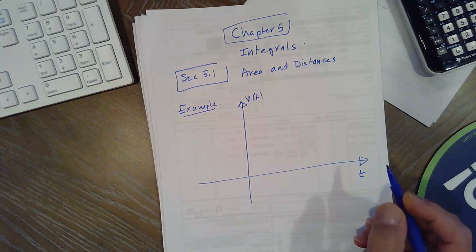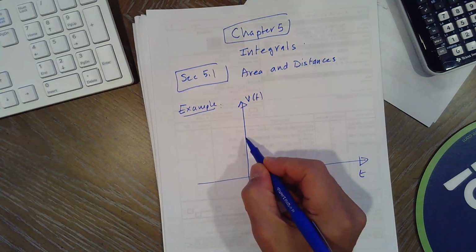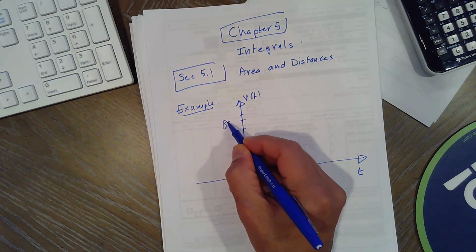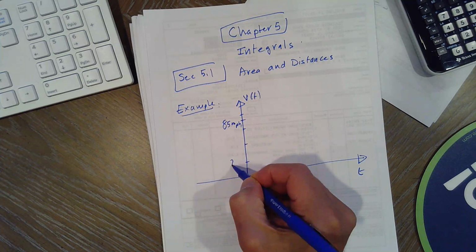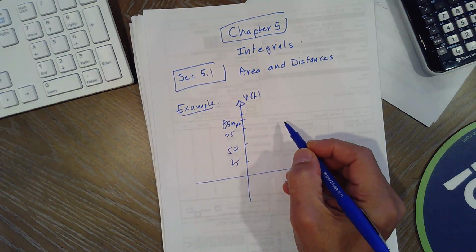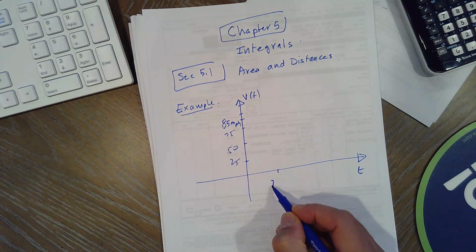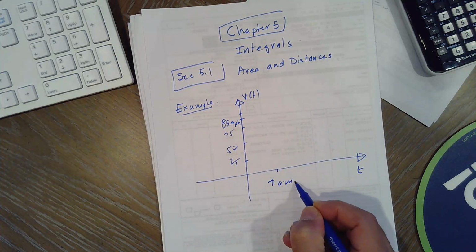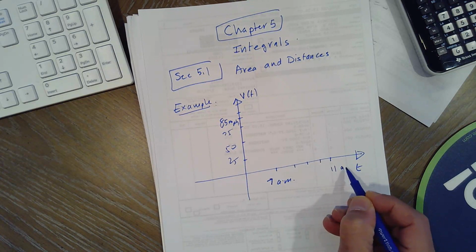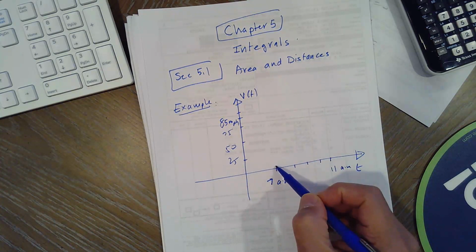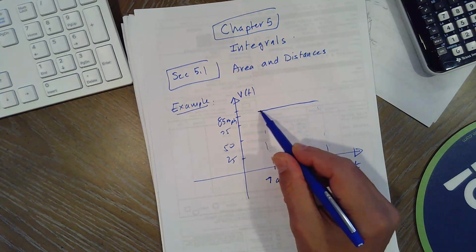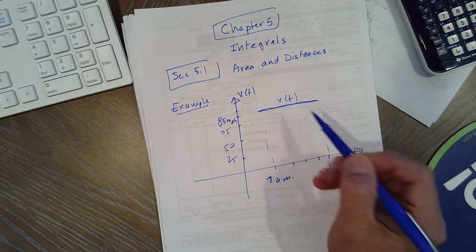And if the train is moving at a speed of 85 miles per hour, between 7 a.m. and 11 a.m. So the speed is constant, that's v of t.